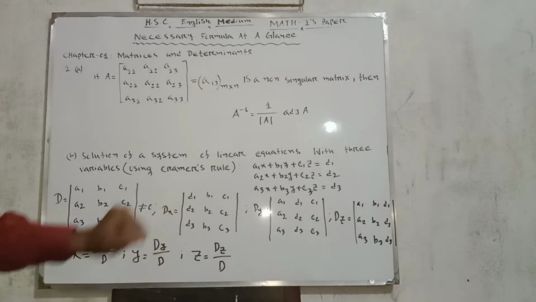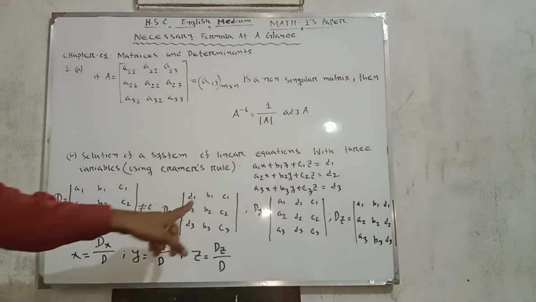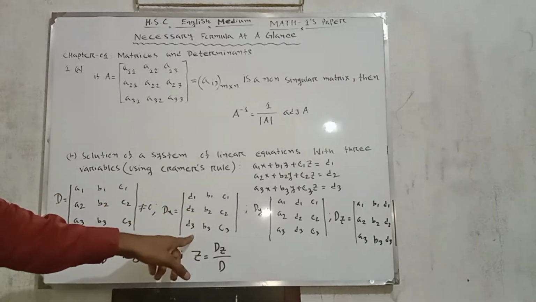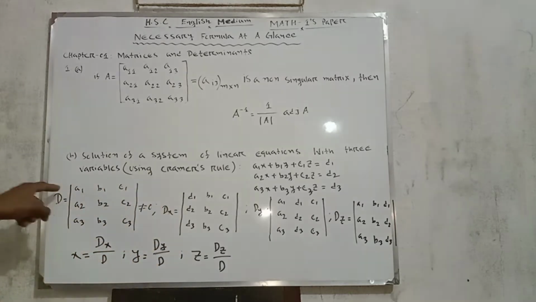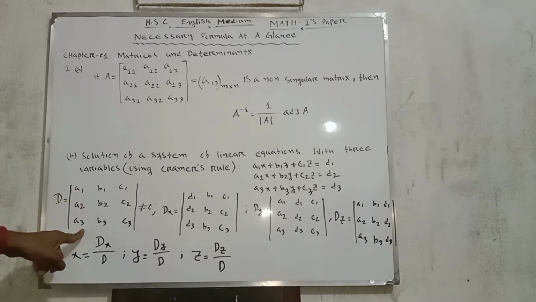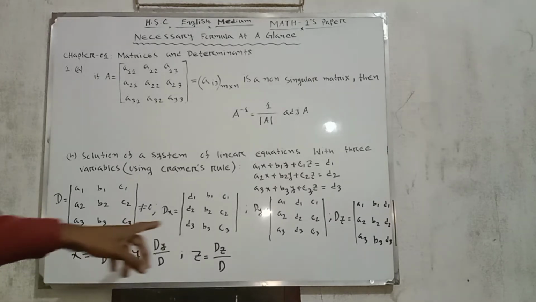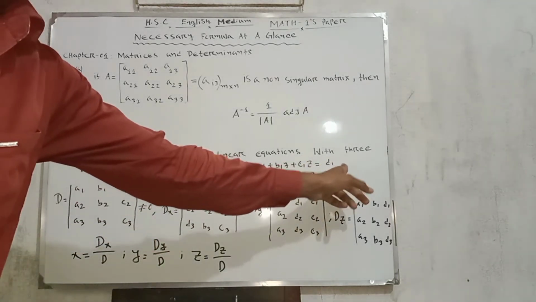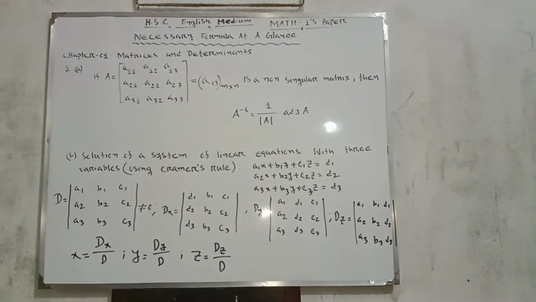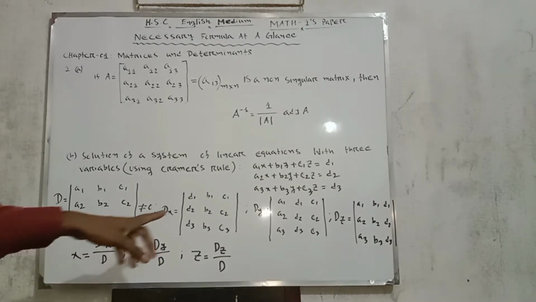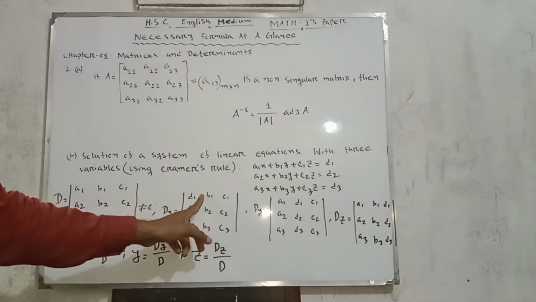Next, Dx equals d1, d2, d3. It is not similar to D because in this column, d1, d2, d3 will sit in place of a1, a2, a3.